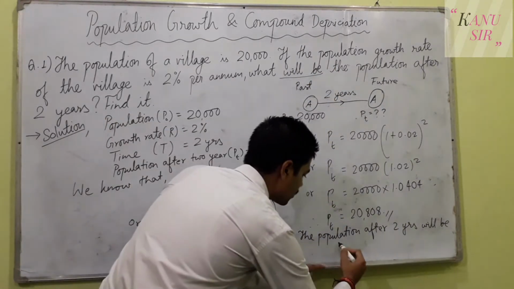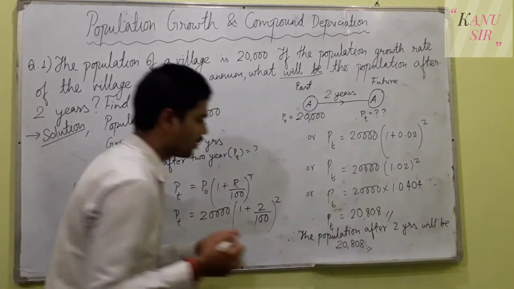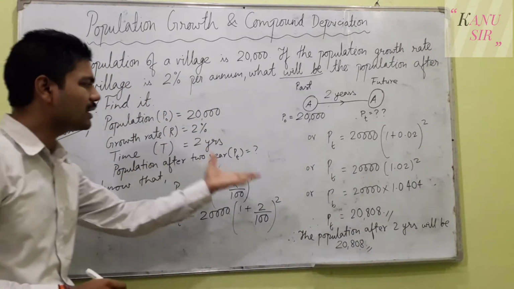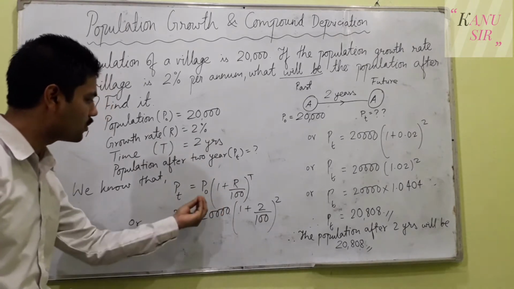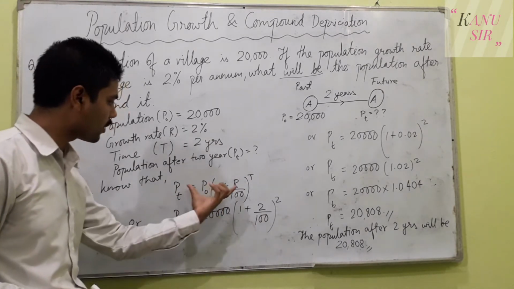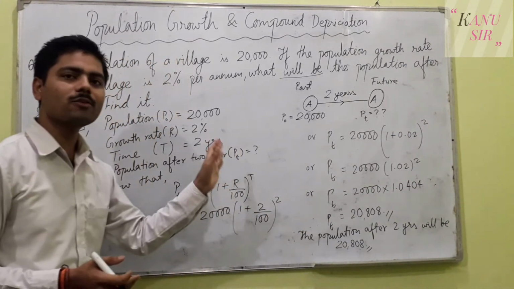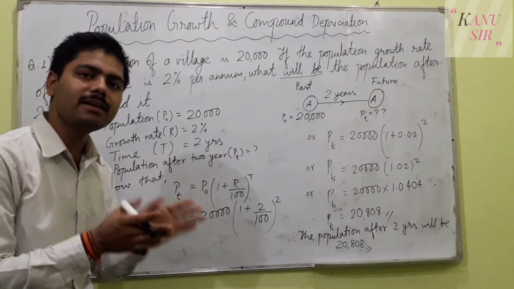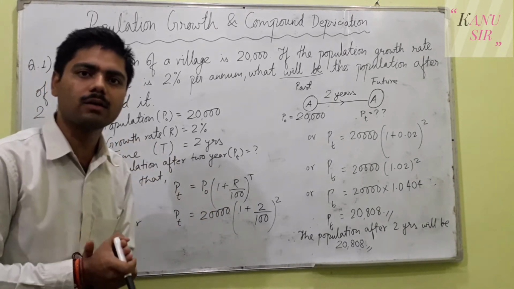So nothing is difficult, we have simply used the formula and put in the values as per the given data, and we got the answer. This question is actually to make you feel confident that we can solve this type of question. They are not so difficult.